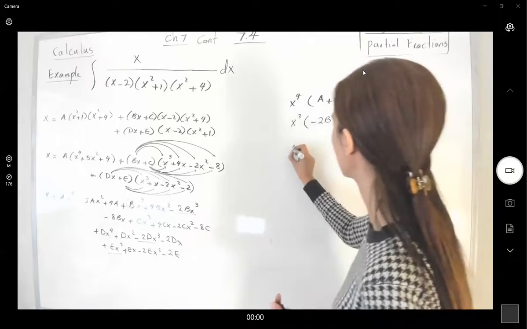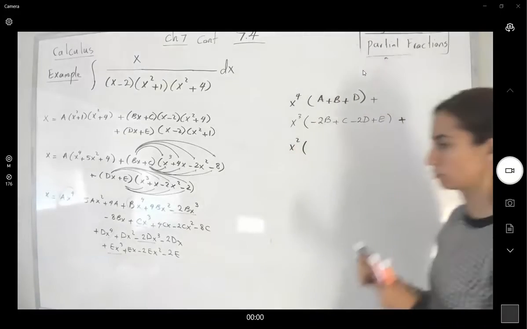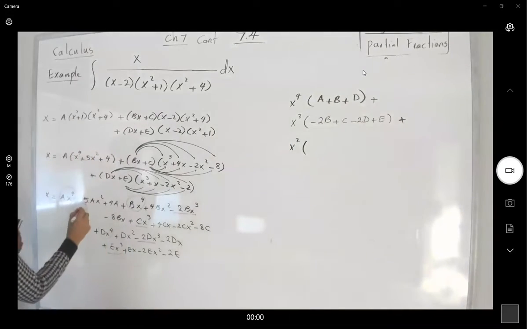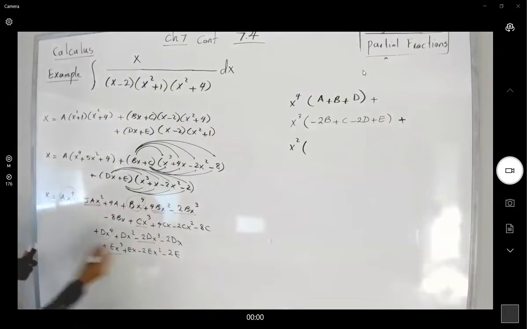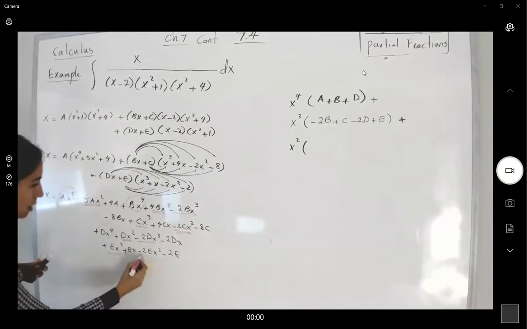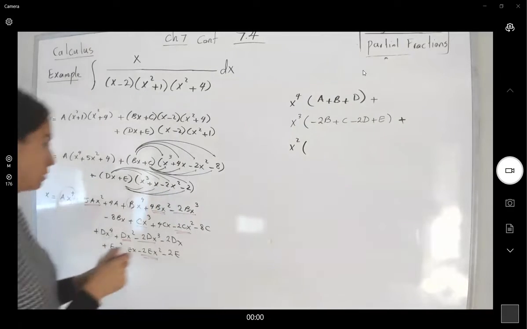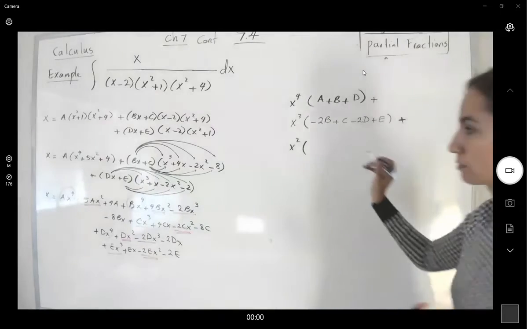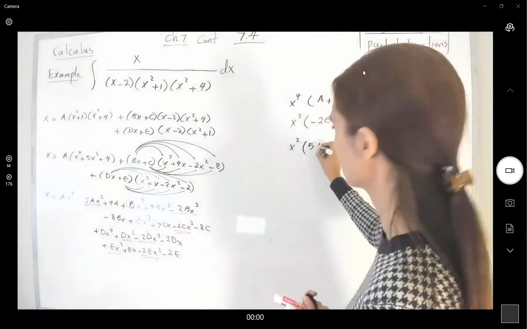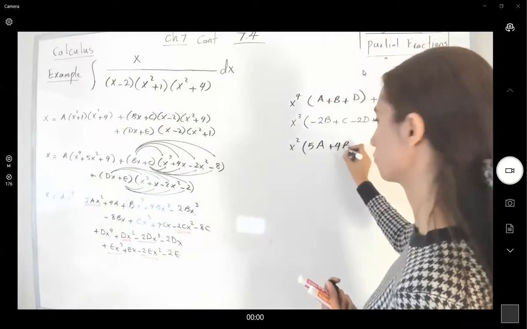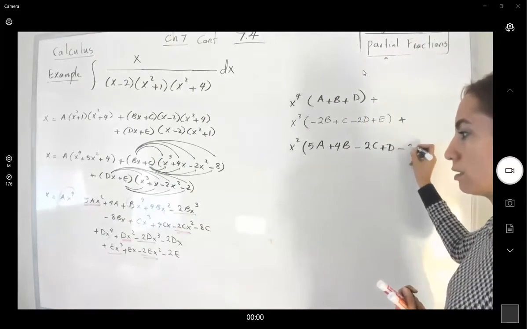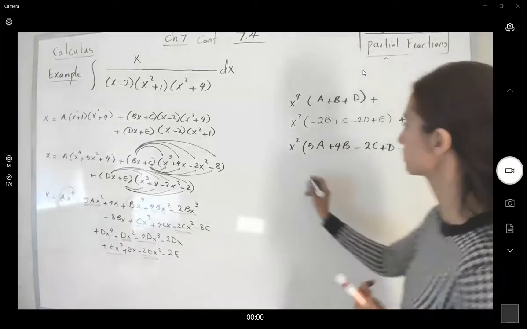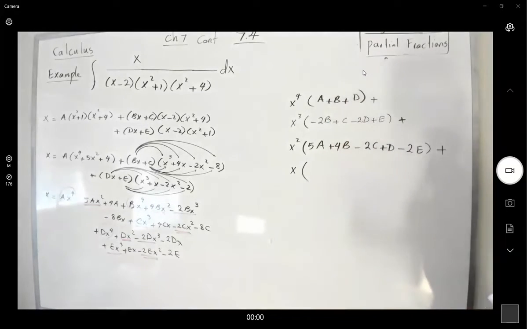And plus x squared, let's see. We have 5a, 4b, minus 2c. We have a d and negative 2e. 5a, 4b minus 2c plus d minus 2e plus x times.